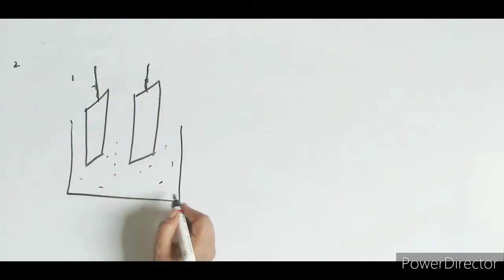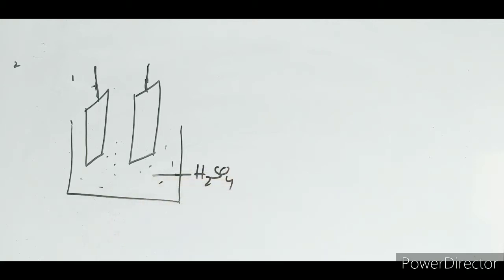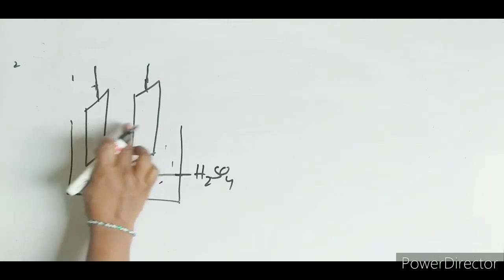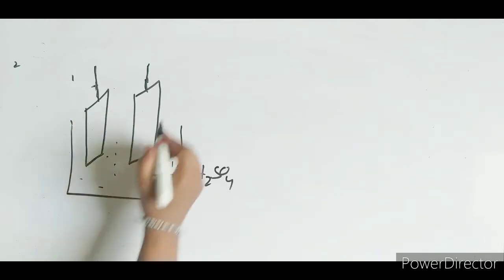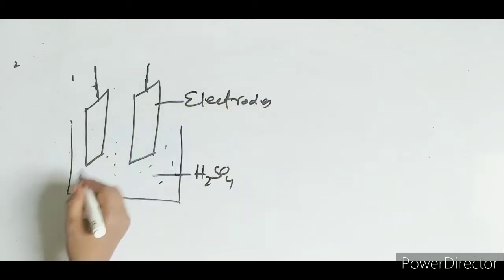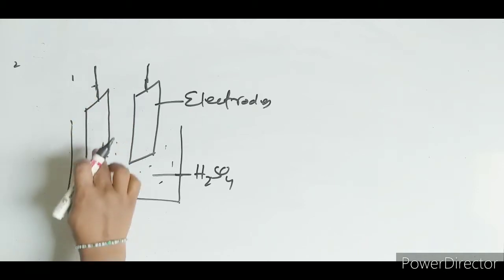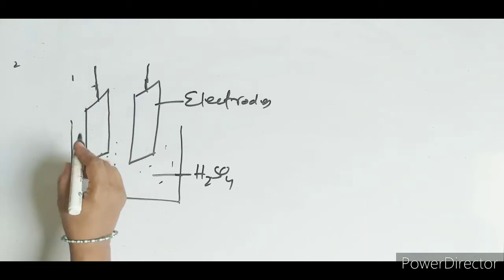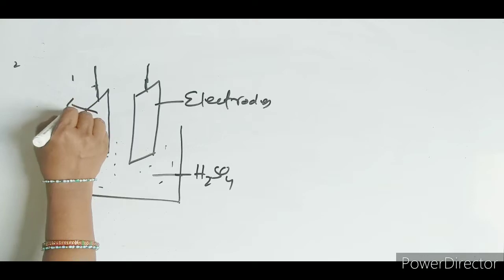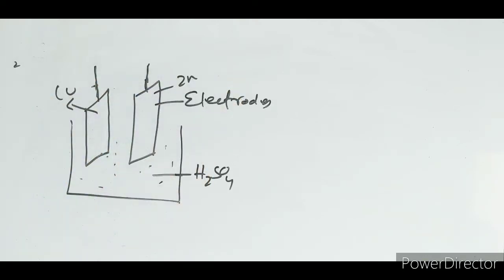Obviously there should be some electrolyte present. Let us take dilute sulfuric acid as the electrolyte. Here we have taken two rods, or metal plates, known as electrodes, and I said they should be of different material. Let us take this one as copper and this one as zinc.